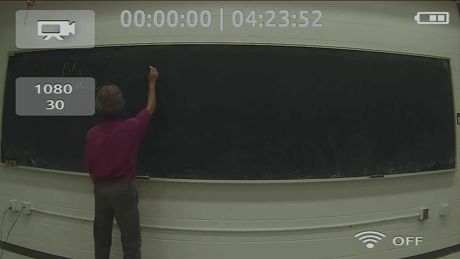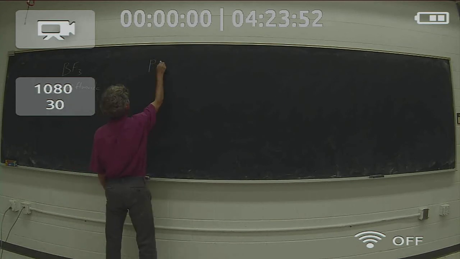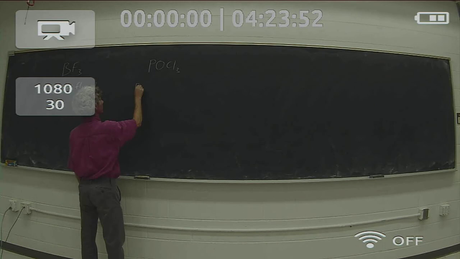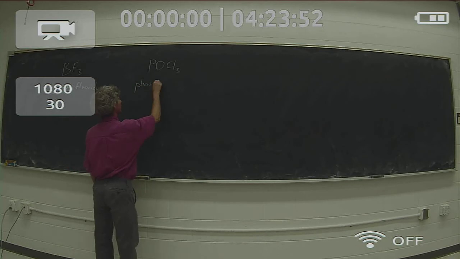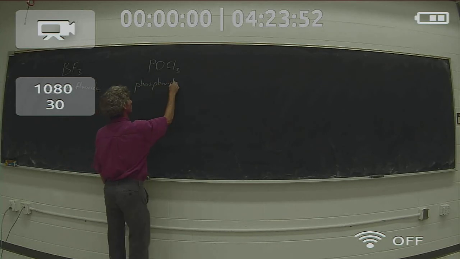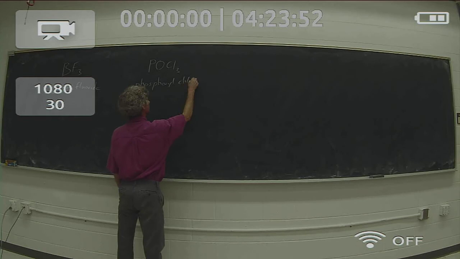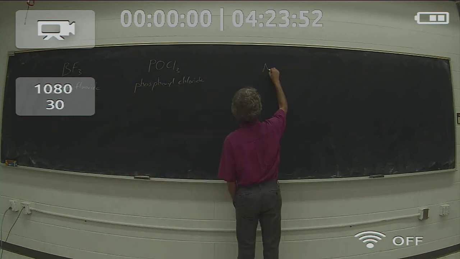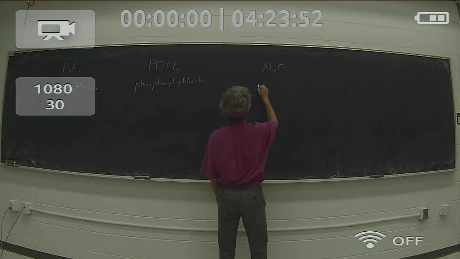Let's look at POCl3, which is referred to as phosphoryl chloride. Let's look at N2O, which is nitrous oxide.